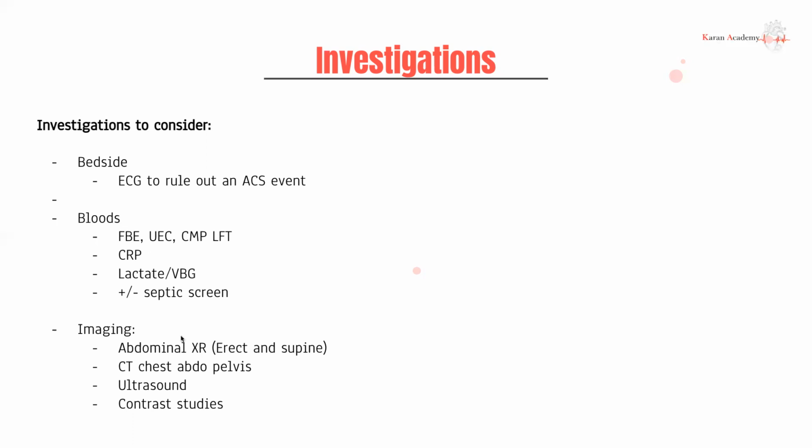In terms of imaging, we always want to start off with an abdominal X-ray. We would like to do both erect and supine studies, and we'll go through why in a second. We want to do a CT of the chest, abdo-pelvis, and this is the gold standard investigation. We can also do ultrasounds and contrast studies, and we'll talk about those. So ultrasounds are particularly good for looking at things like intussusception, where you have a piece of bowel kind of telescoping into another one.